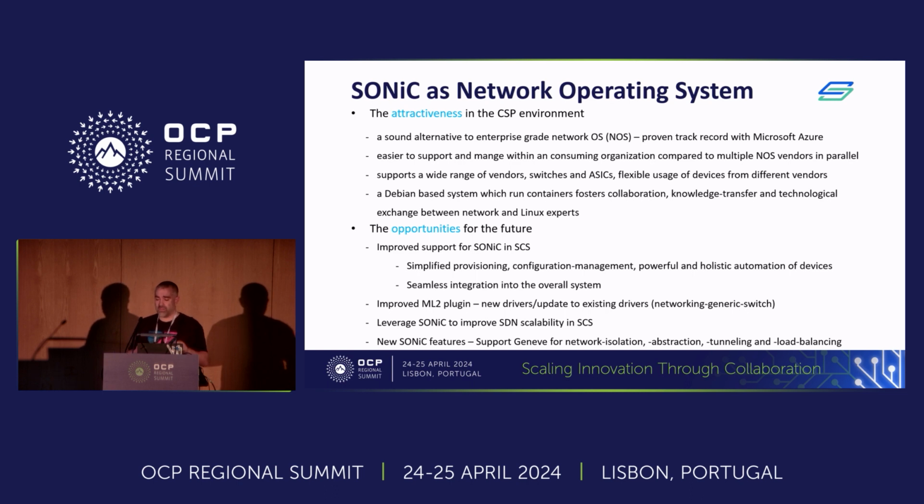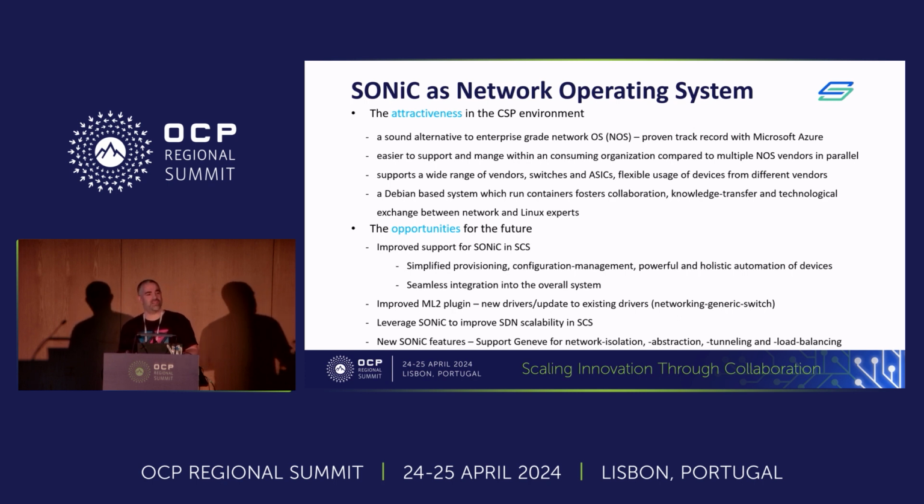We want to leverage SONiC to improve the software-defined network scalability in SCS. Currently, layer 3 underlays are a big cultural change for many cloud service provider teams if you are not working at AWS or Google or so on. You need a new understanding, and it's difficult to understand everything.